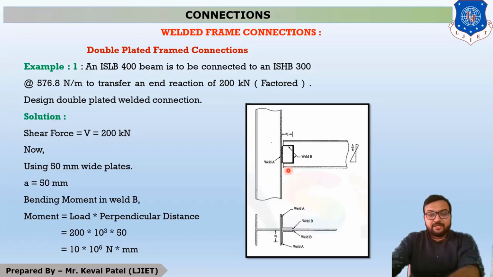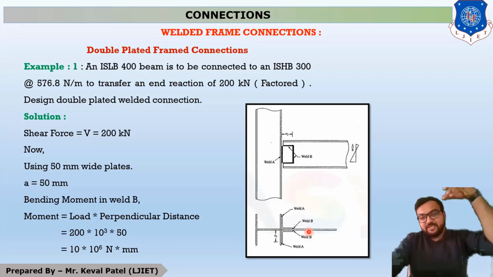This is the steel column, this is your side view, and this is your steel beam. If we see this component from the top, the steel column will be like this: this is the flange portion, this is the web portion, and this is the flange portion. Now this is the steel beam.